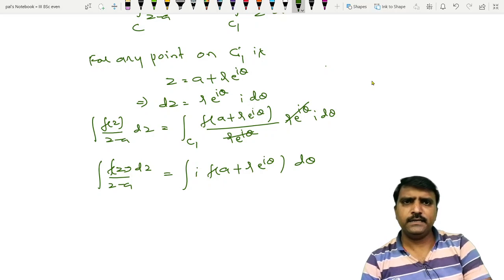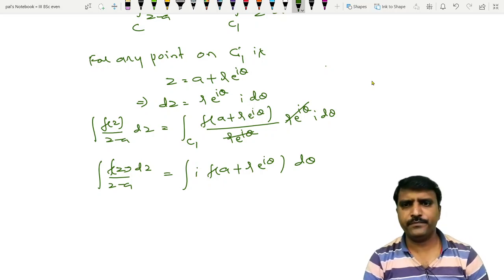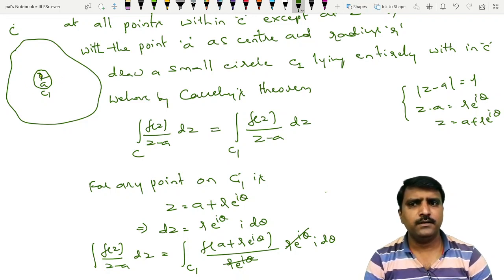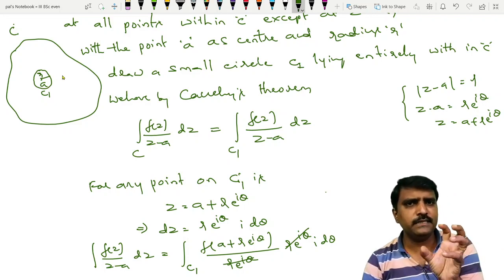As here we draw a circle, we consider its radius as some arbitrary radius r. We can draw a circle with center a and radius r by 2. That means we can reduce the radius; we can shrink the circle.